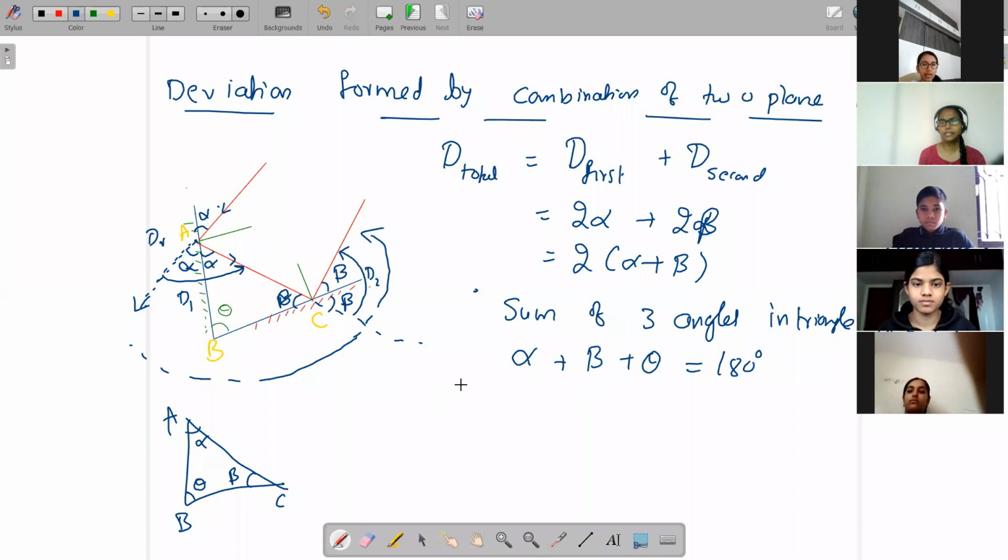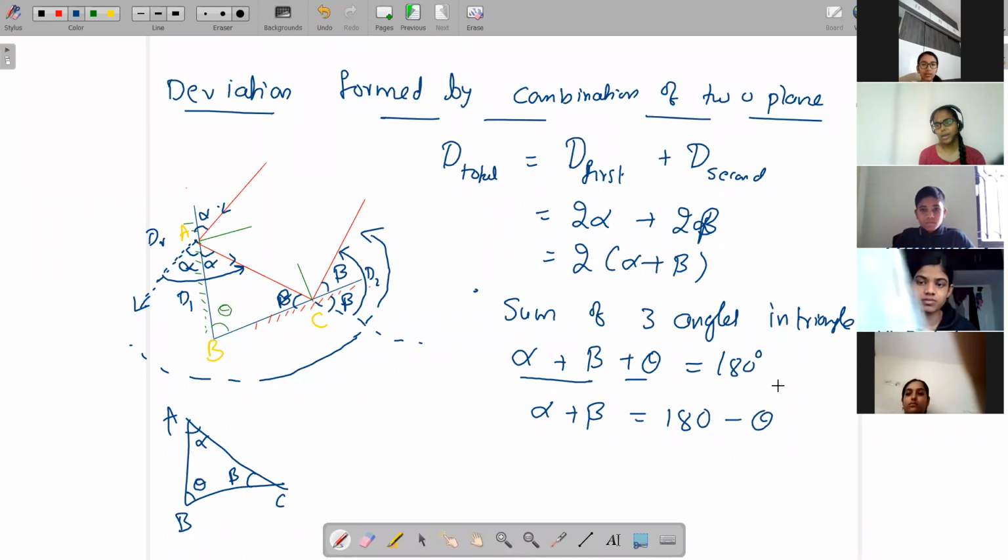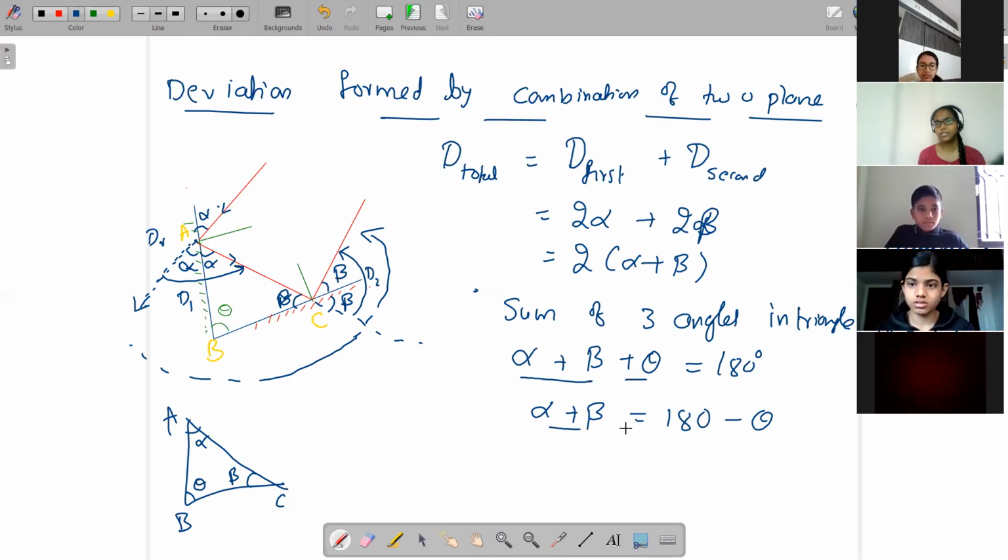So you need to calculate alpha plus beta. Alpha plus beta is equal to 180 degrees minus theta. I'm sending this plus theta to the left hand side, so it becomes minus theta. Now you got the relation alpha plus beta is equal to 180 minus theta.